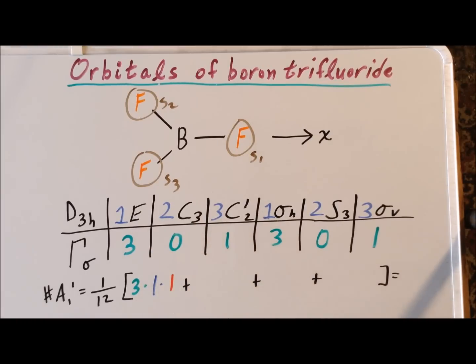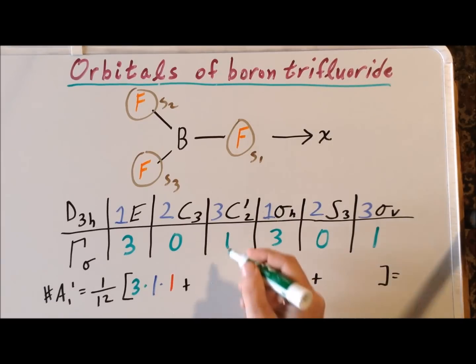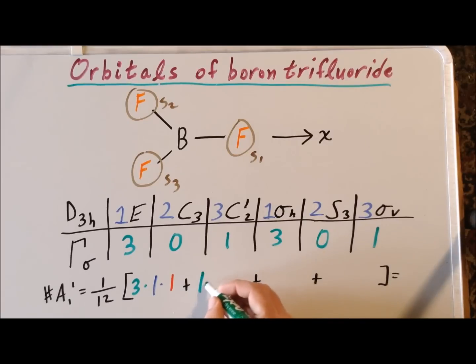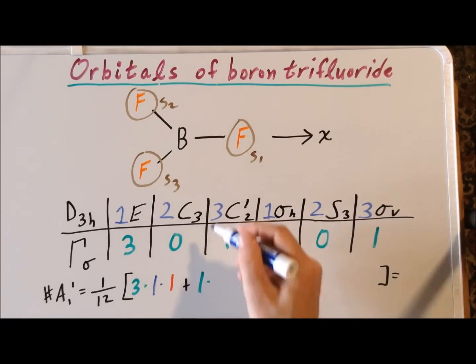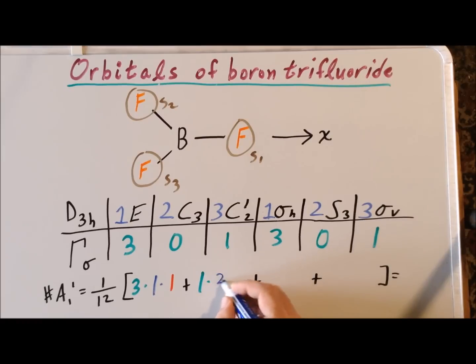Anytime we have a 0 in the reducible representation, we can simply omit this entire term, or we can write it out, but we're going to get 0 for it anyway. So now the next non-zero term in our reducible representation is under the 3C2 prime. The character from the reducible representation is a 1 in green. The number of operations in the class is 3, so we write that in blue.